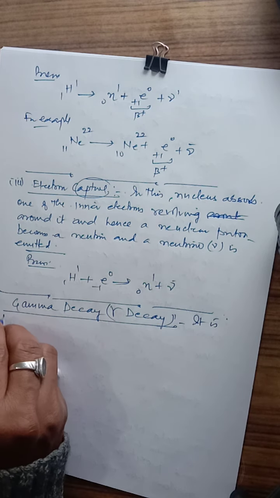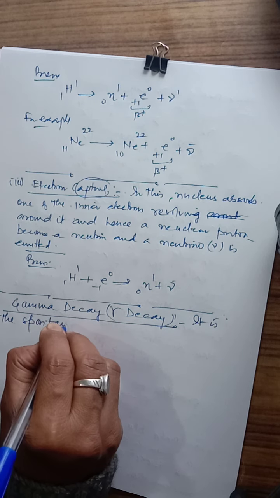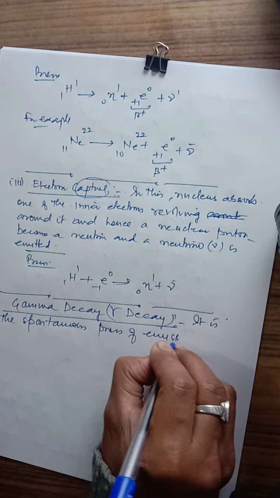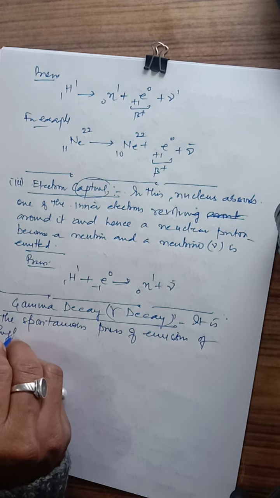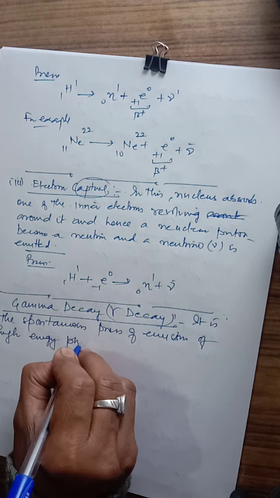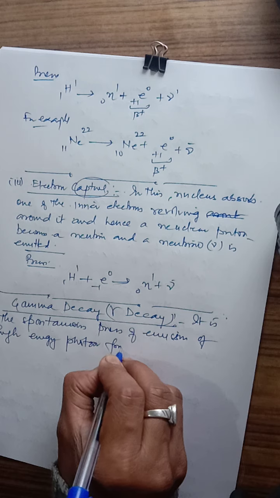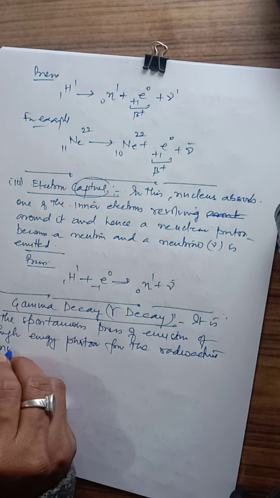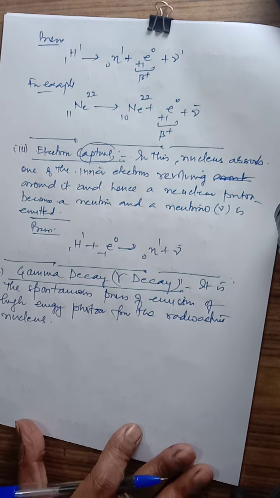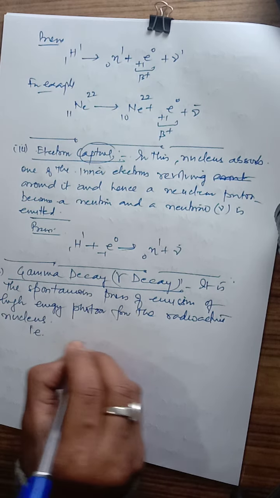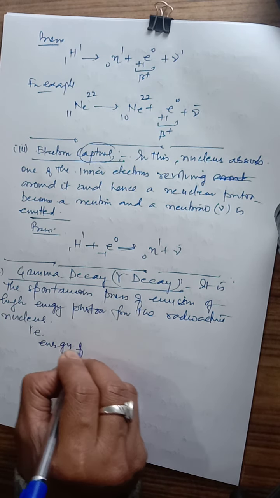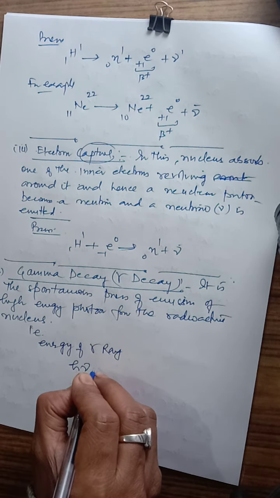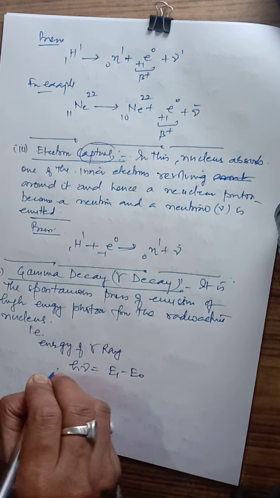It is the spontaneous process of emission of a high energy photon from the radioactive nucleus, which means the energy of the gamma rays, h nu, is E1 minus E0.